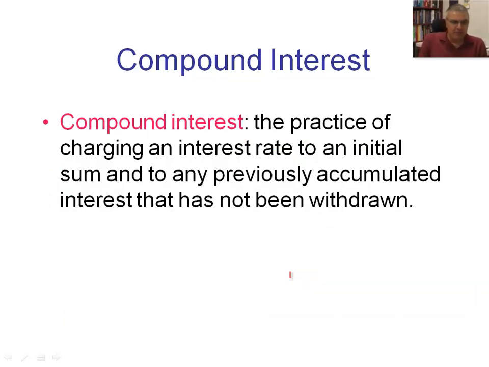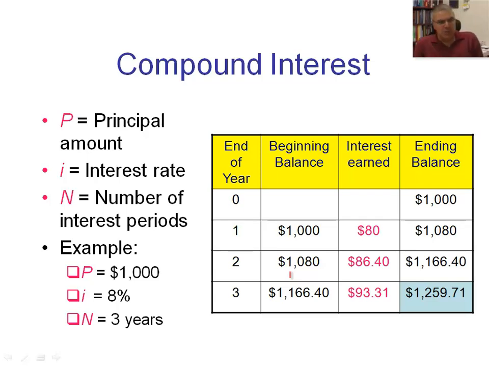Again, this would be charged on the initial amount plus the accumulated amount. Let's take a look at the same example, same period, same interest rate, same principal amount. At the end of year zero, which is today, $1,000 has been borrowed.